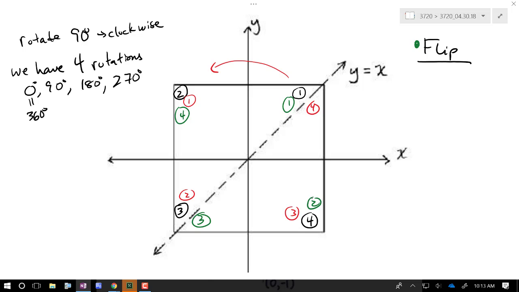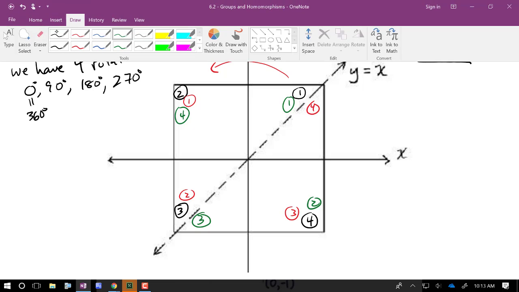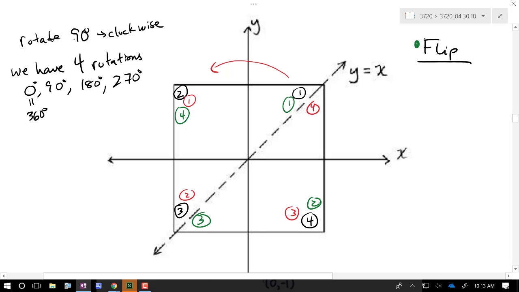But when I combine flips with rotations, I've got the 4 rotations with the square as it is, but then I could flip it, and then I get 4 more rotations. So we can combine rotations with flips. And this might not seem intuitive at all, but it is a group.